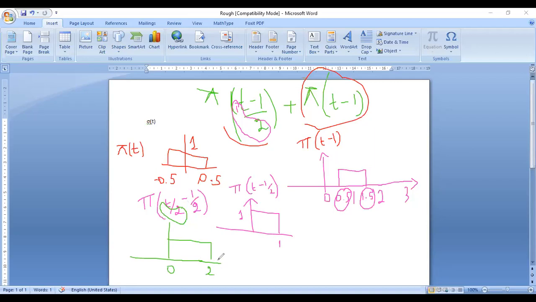Just check and tell me whether I am right or not. Is my diagram correct? Phi of t by 2 minus 1 by 2, which is in green color at the bottom. Yes or no?